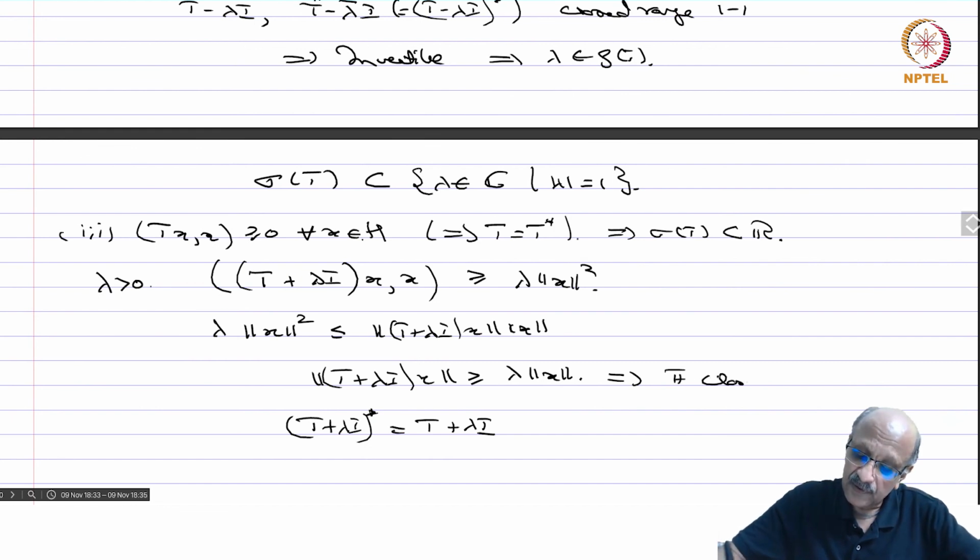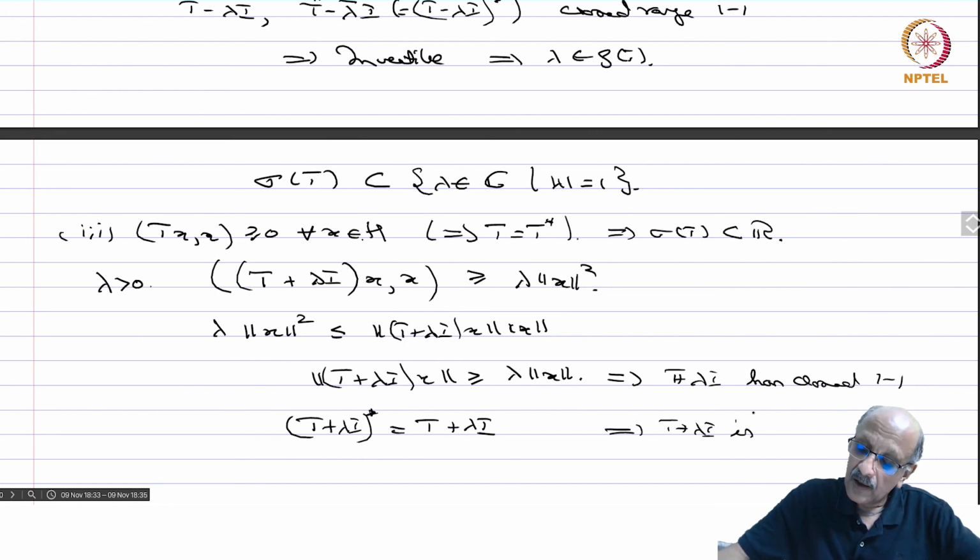So T plus lambda I has closed range and is one-one. So this implies T plus lambda I is invertible.